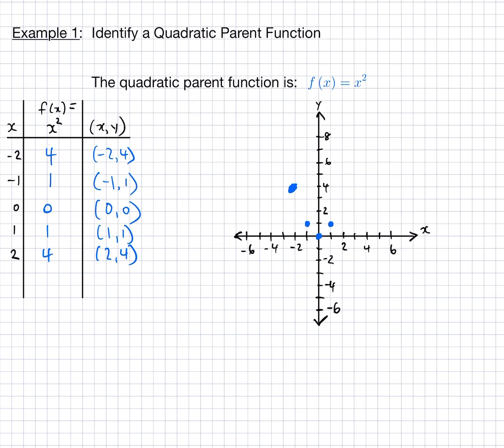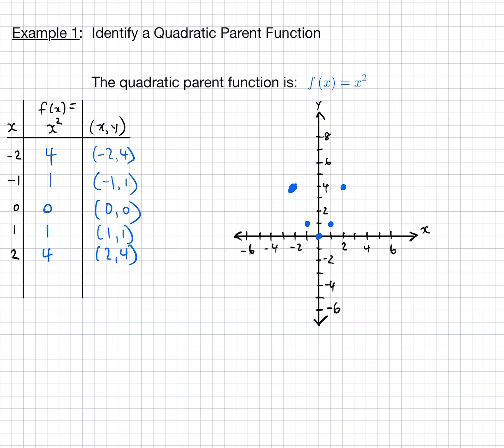And as you will notice, these points here are exact opposites or reflections of these points. These are equidistant from the y-axis, and so we would say that the axis of symmetry is right here, is our y-axis, or what we will call x equals 0.